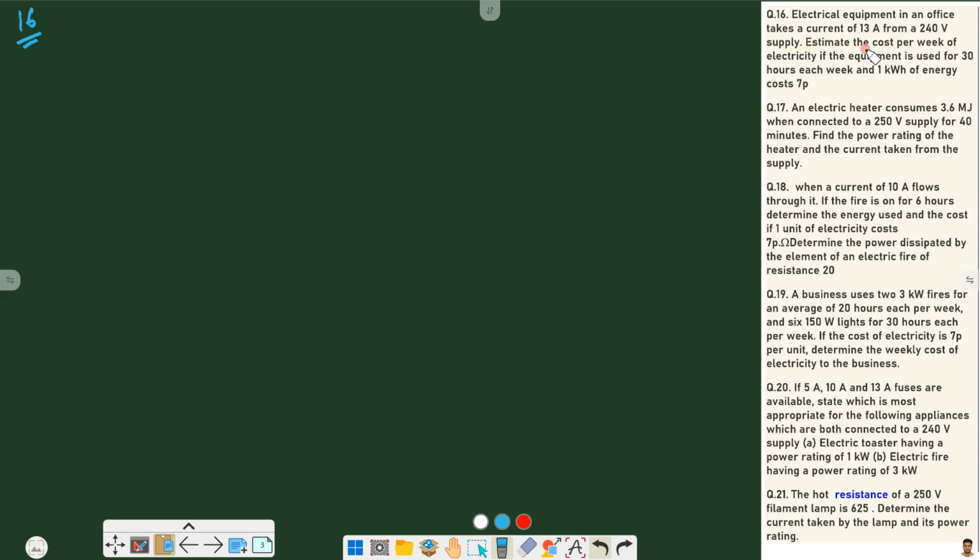We have to estimate the cost per week of the electricity if the equipment is used for 30 hours each week, and 1 kilowatt hour of energy costs 7 paise. So in this type of question, when you calculate power, it comes out to be kilowatt or watt per hour, not per second. So it has to be taken into consideration.